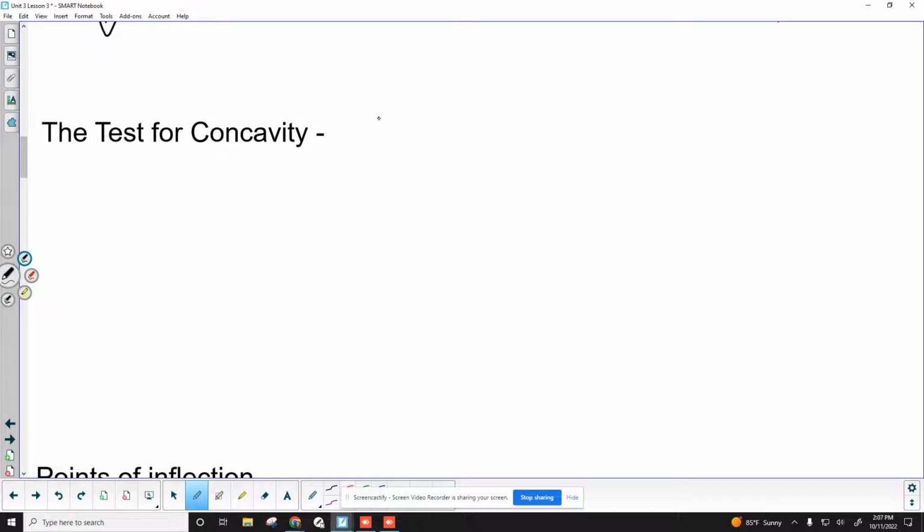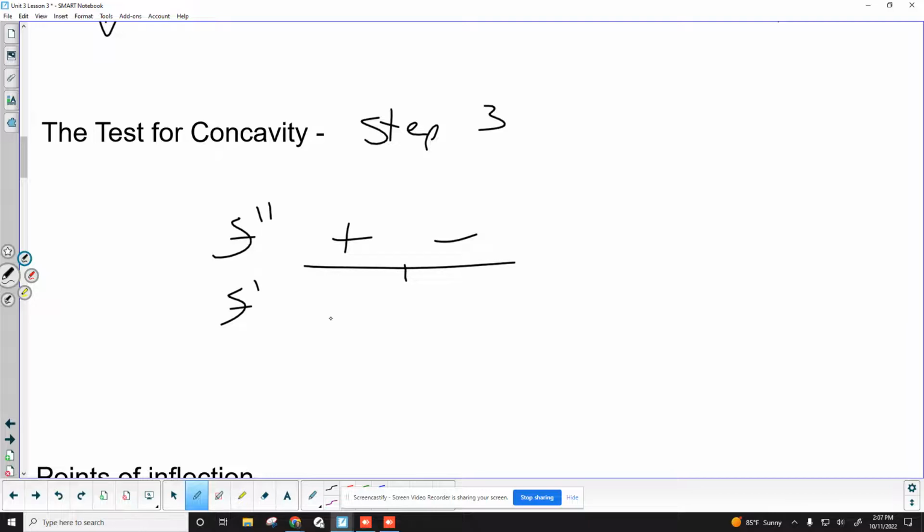To test for concavity, here's our step 3. We are going to analyze the signs of the second derivative. We're going to see when it's positive, when it's negative. Just to make sure you guys understand, the sign of a derivative tells us if we're increasing or decreasing. If a derivative is increasing, the original function's curvature is known.